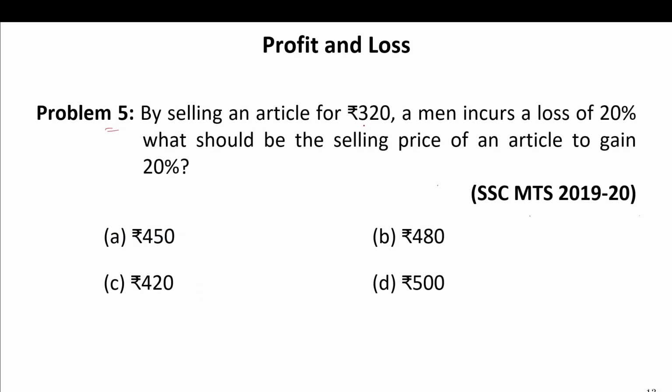So by selling an article for 320 rupees, a man incurs a loss of 20%. Okay. So what should be the selling price of that article to gain 20%? Okay. So article is sold at 320 rupees. So SP is equal to what? CP minus loss amount. When loss is involved, CP is equal to let x and loss amount will be 0.2 into x. This will be 0.8x, right?